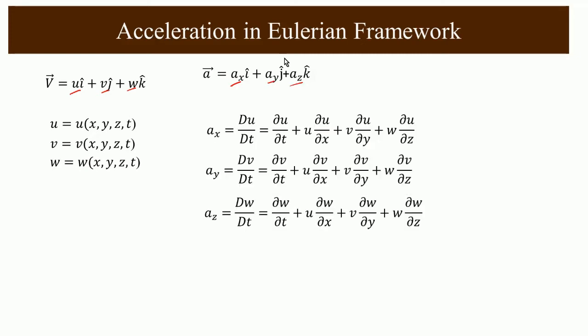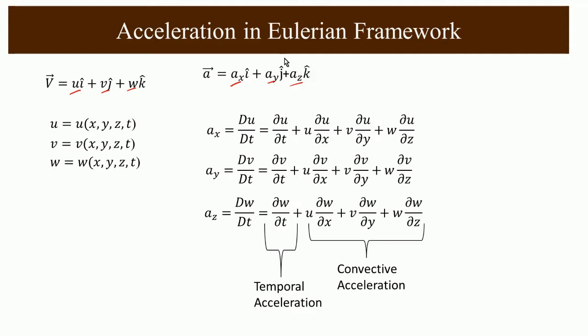In this ax, ay and az, the part which varies with time is called temporal acceleration, and the part which varies with space is called the convective acceleration. This temporal acceleration plus convective acceleration is called the total acceleration.